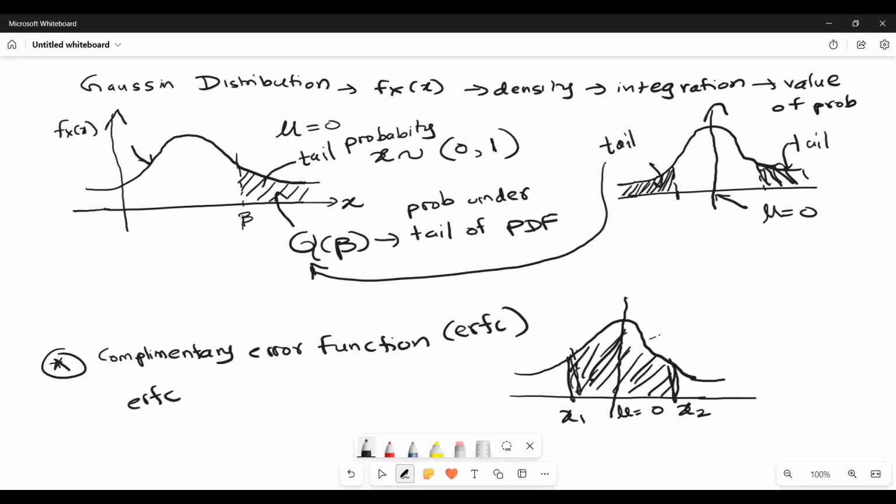The ERFC function can be used to find the probability between two points.